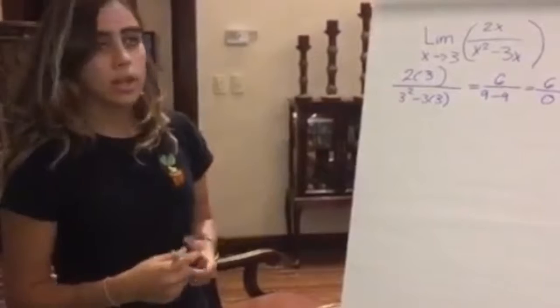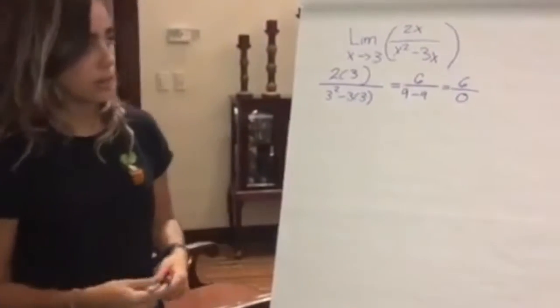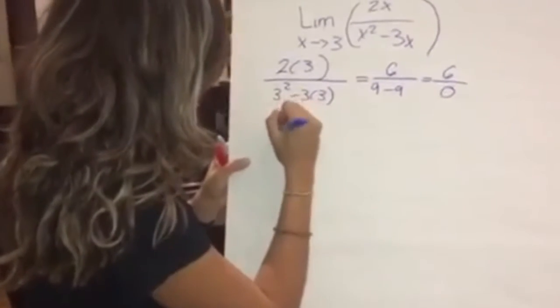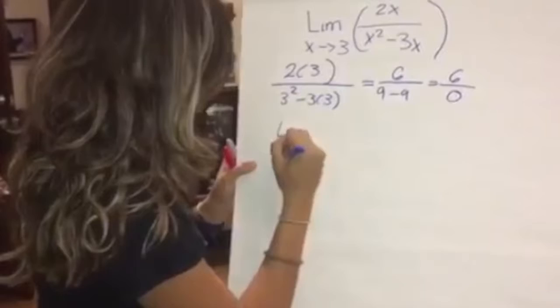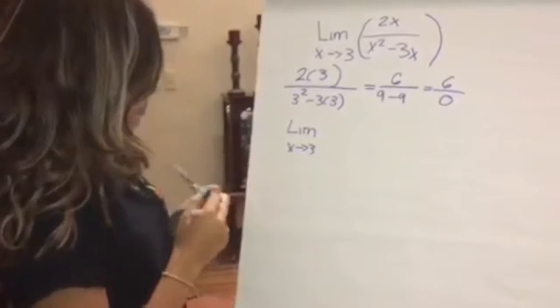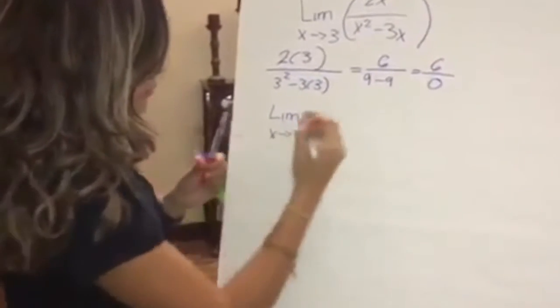to evaluate the limit using numbers that are really close to it from the negative and positive side. So we would have to evaluate the limit as x approaches 3 from the negative side of the same function.